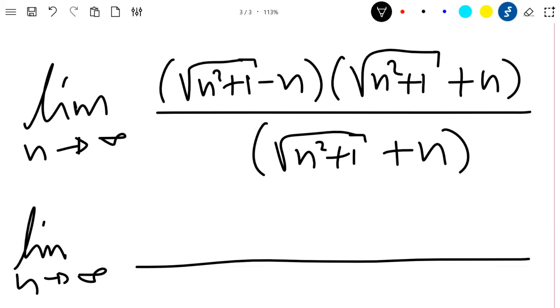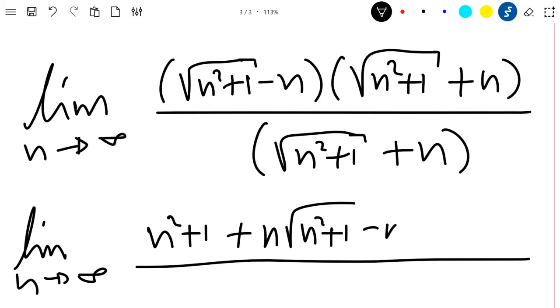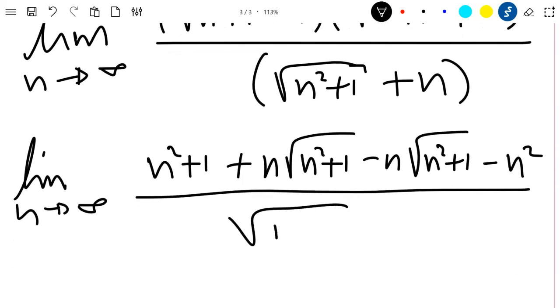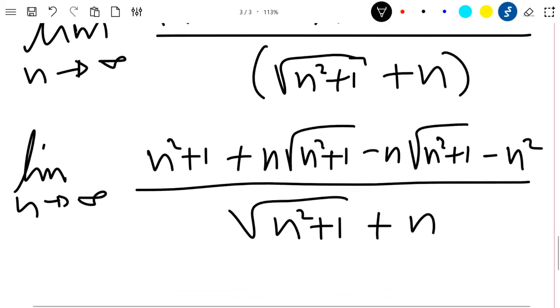If I expand this, I will just have n squared plus 1, plus n times the square root of n squared plus 1, minus n times the square root of n squared plus 1, minus n squared, and the denominator will just give the square root of n squared plus 1 plus n.